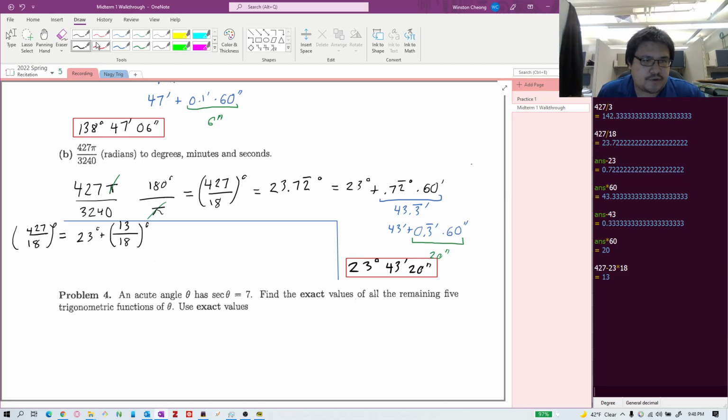Maybe I can comment off to the side what this was. I did 427 divided by 18, using this old school version of divide, and what we found is that this is actually 23 remainder 13. Maybe you remember that from elementary school.